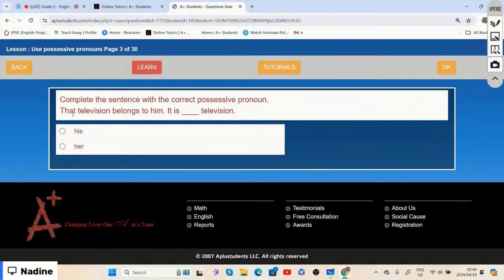That television belongs to him, right? Who's a boy. Do we say it is his television or do we say it is her television? It belongs to him, a boy, right?